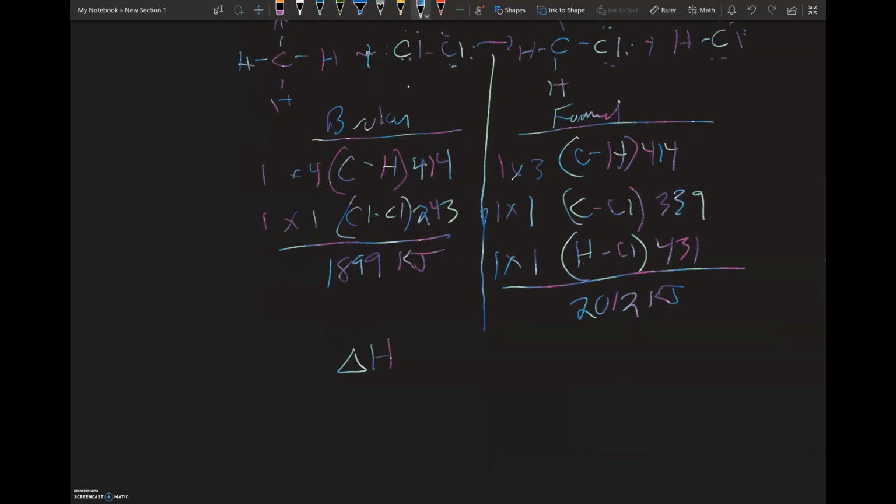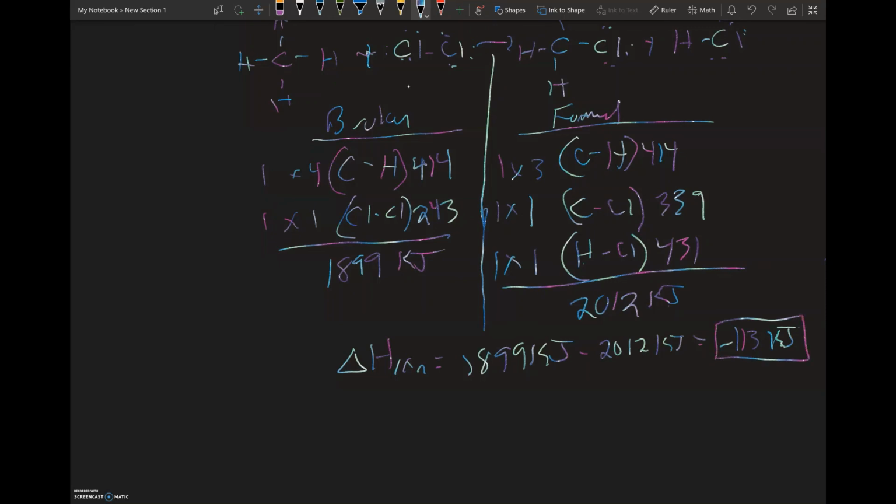So to figure out the enthalpy of reaction, we're going to do 1,899 kilojoules minus 2012 kilojoules. Remember, it's broken minus formed. And what do we get here? We get negative 113 kilojoules for our enthalpy of reaction.